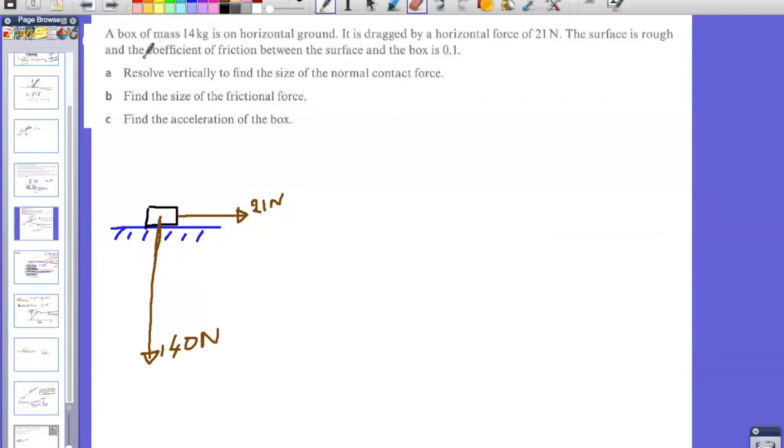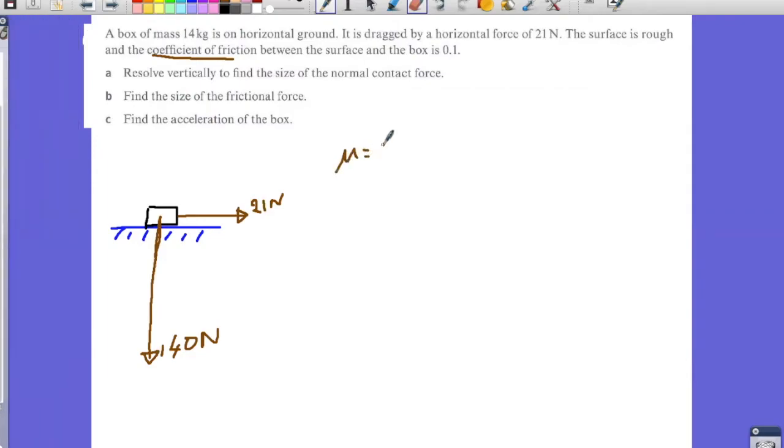The surface is rough, and the coefficient of friction between the surfaces is 0.1. So I'll just write it here. Mu is 0.1. That is it. Resolve vertically to find the size of the normal contact force.